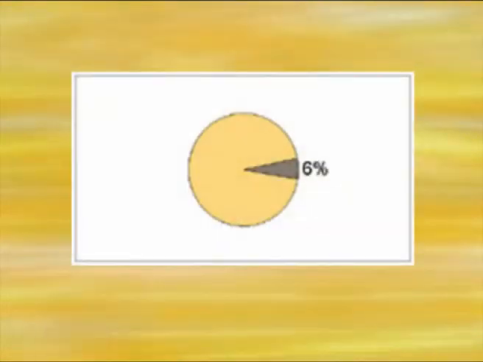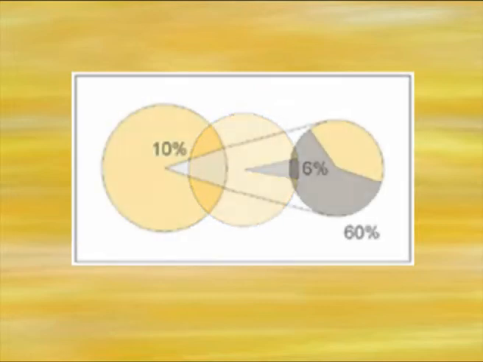Choose a market small enough to dominate rather than big enough to play around with. It works like this. Let's say that you actually hold 6% of the total market. You're probably invisible.